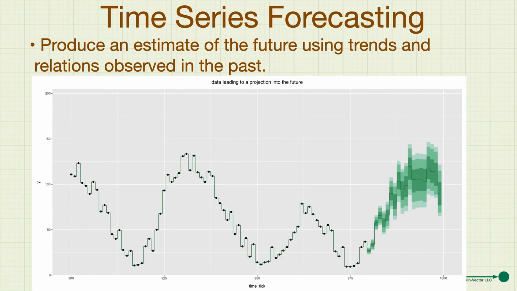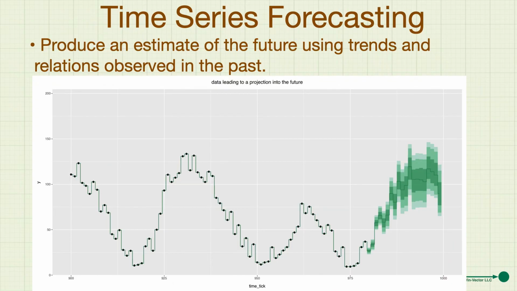And then the goal of time series forecasting is to, taking all the data on the left, produce the green cloud on the right. The center line is the predicted value for that y value in the future, and then the spread region or shading is the uncertainty that the model has in that prediction.